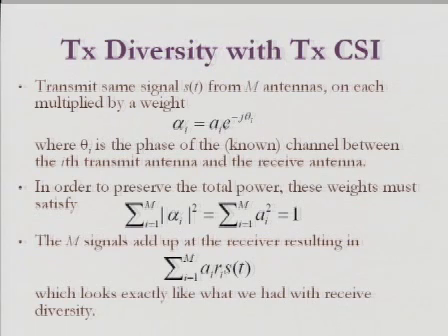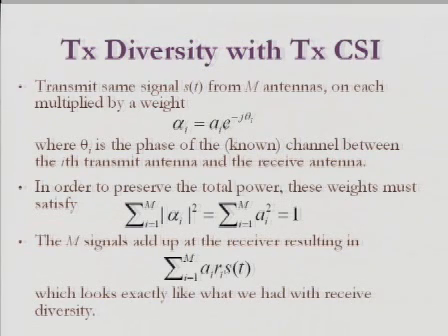Remember that in receive diversity, we need to make sure that we align the phases, so we cancel out the phase of the fading with our coefficient, so that the phases are all lined up. So here we want to do the same. Now here we have to do it at the transmitter, so we have to pre-cancel the phase before we send the signal, and then the signal goes to the channel and gets the phase of the channel, and so the cancellation occurs in the channel, right?